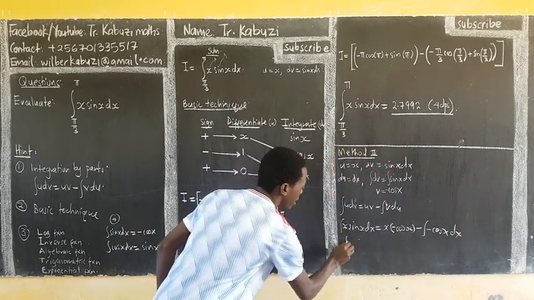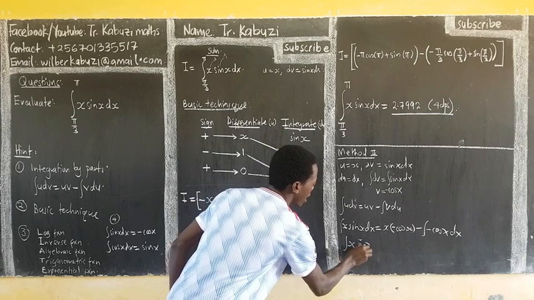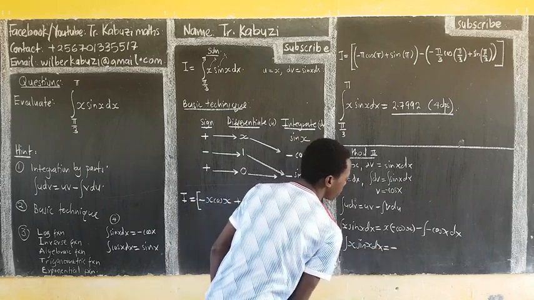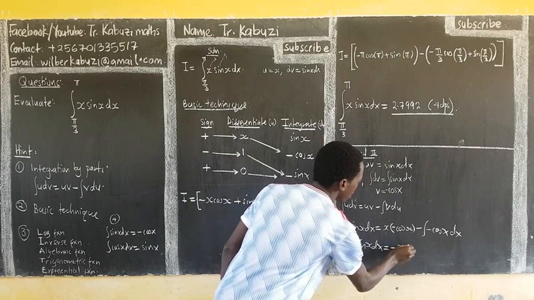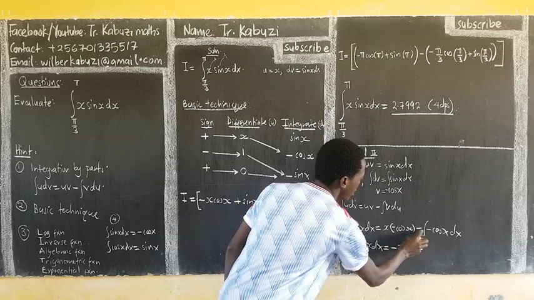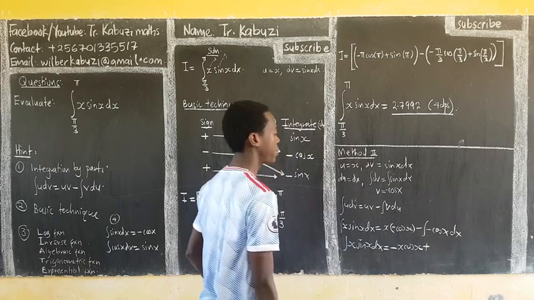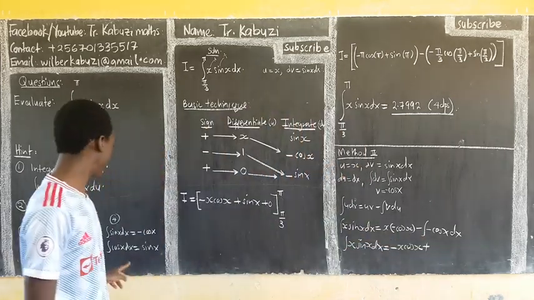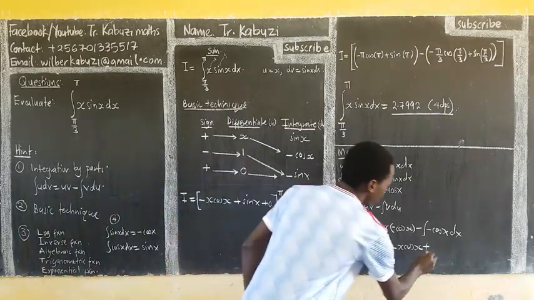So now my integral of x sine x dx is going to be negative x cos x. This negative and this negative give us a positive. So we have now, adding, integrating cos, we get sine x.